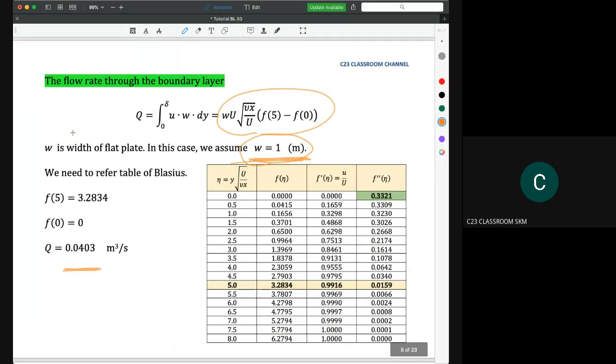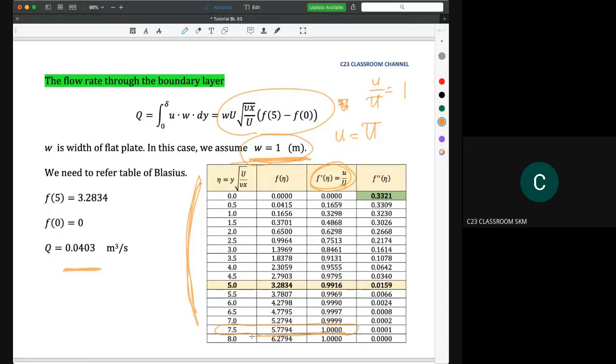This is the table from the Blasius calculation. Because we aim for small u equal to capital U, that means u over capital U is equal to 1. So we look at this column and aim for the 1.